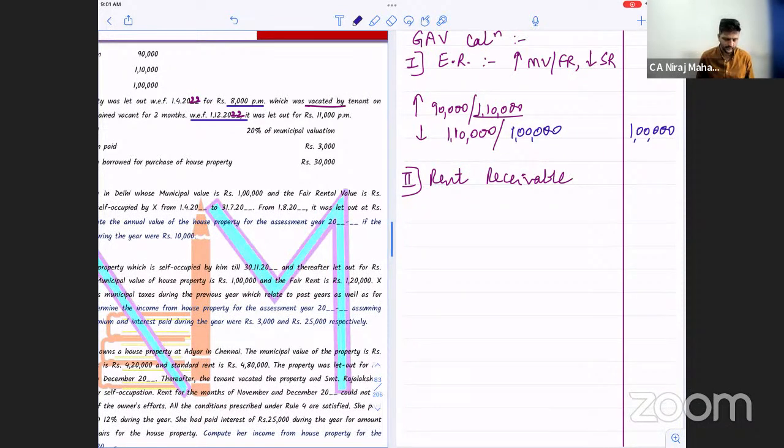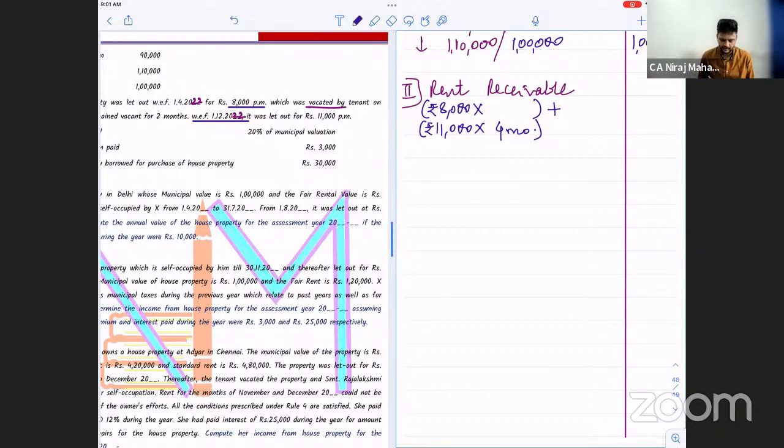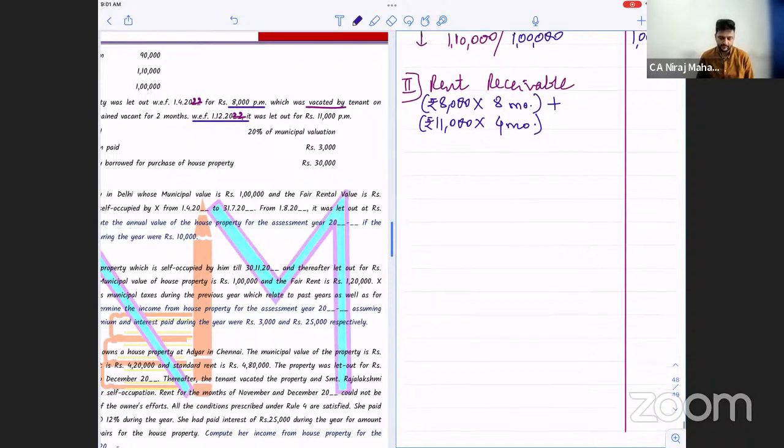So understand: rupees 8,000 into some number of months, plus rupees 11,000 into 4 months. That for 4 months I have earned 11,000 is for sure. Therefore this calculation will be for 12 months entirely. So 8,000 I could have earned for 8 months. Understood here? So what is my rent receivable? 1,08,000. Everybody agreed?